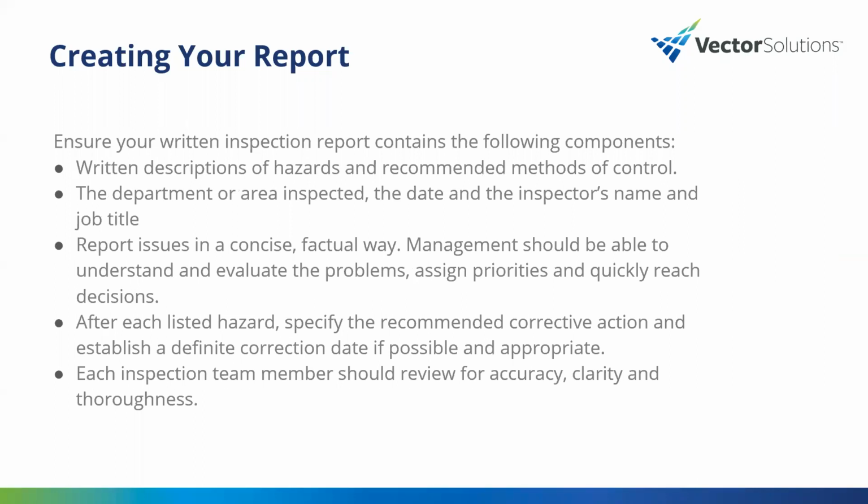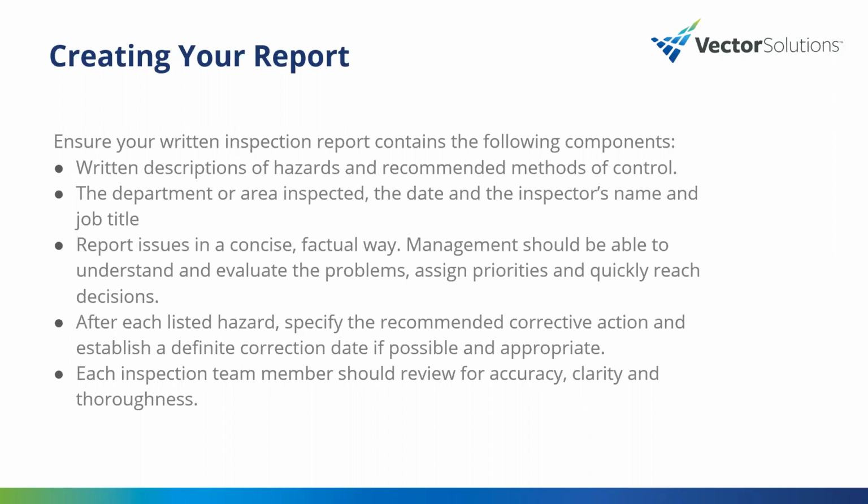Okay, and so when you are working on putting together your written inspection report, an inspection form typically contains the following components. First being a written description of any identified hazards and recommended methods for control, the department or work area that's been inspected, the date that inspection took place, and the inspector's name and job title.